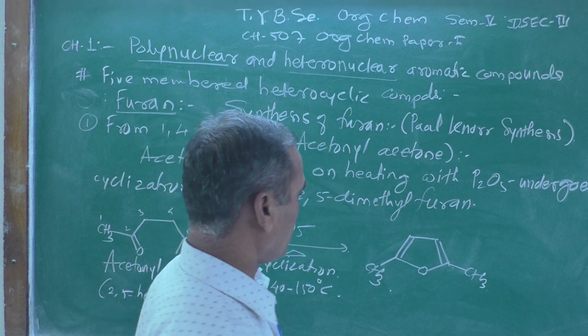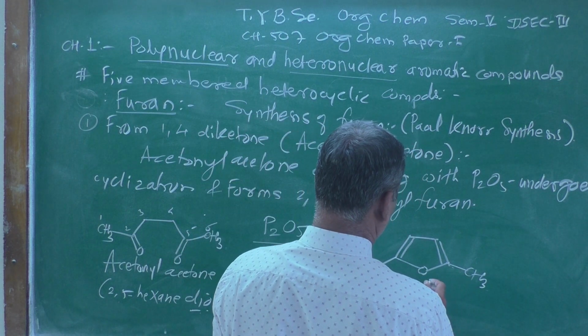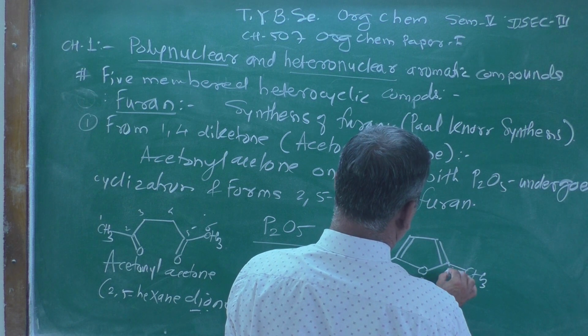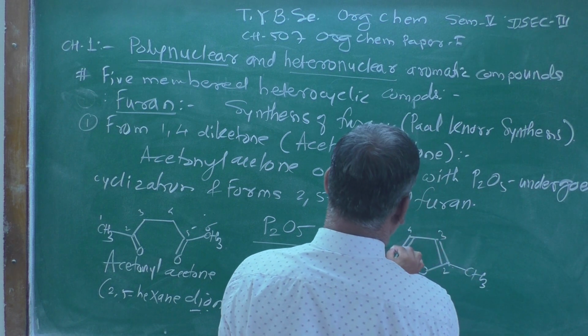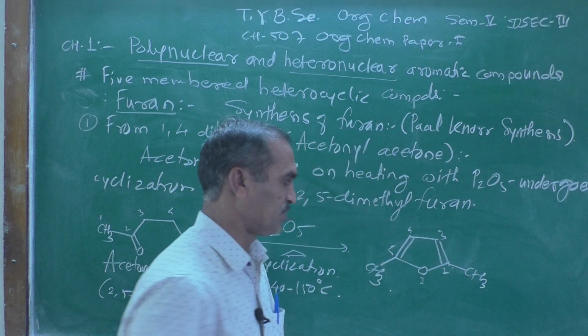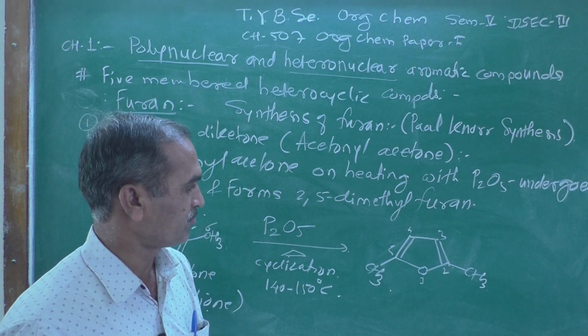As we know, the heteroatom should get the number 1, so 1, 2, 3, 4, 5. So at the 2 and 5 positions, this is the aromatic furan moiety.